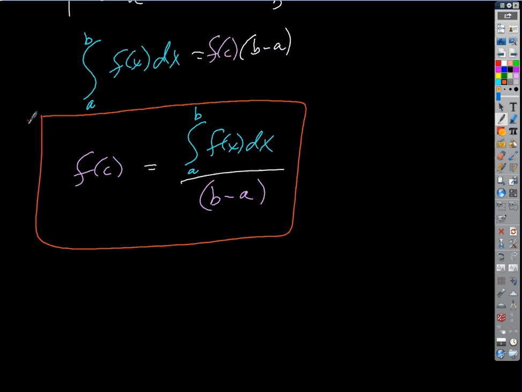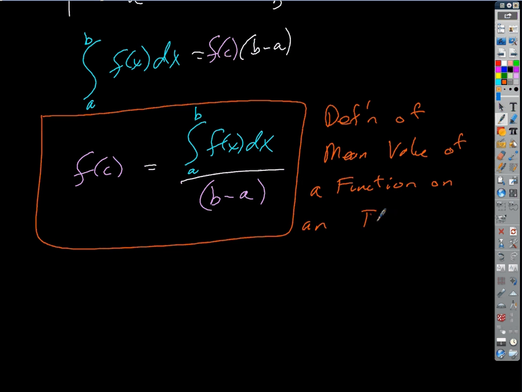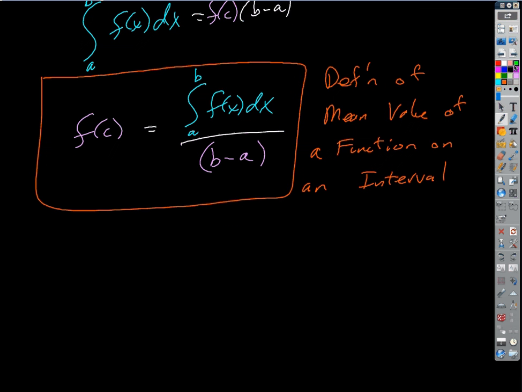This is what we call the definition of the mean value of a function on an interval. Technically, if you look in a textbook, that's how we define the mean value. And then the mean value theorem looks a little different.